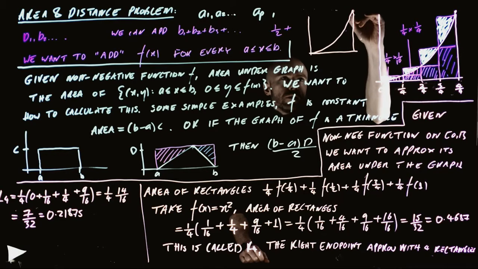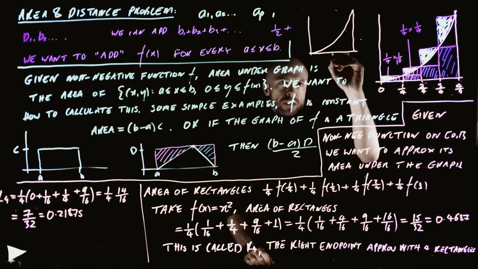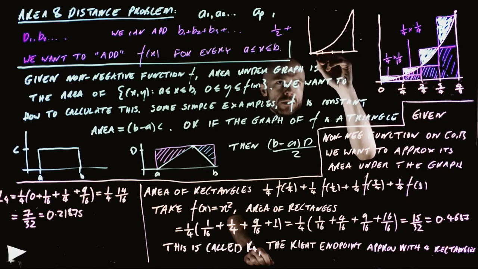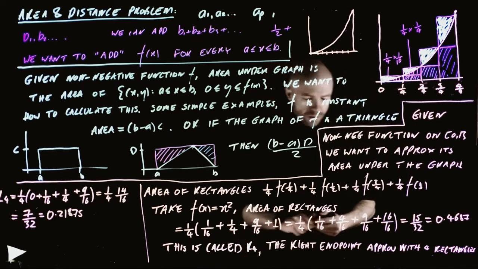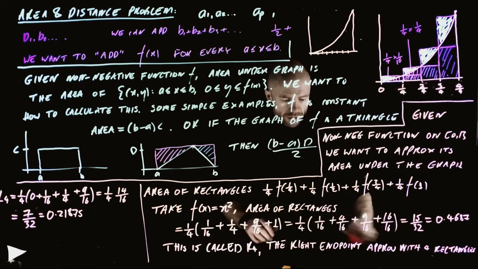So this is x squared, and let's imagine we cut it up now into 8 different subpieces like this. We cut the base into 8 different subpieces, and let's take the right endpoint approximation again.